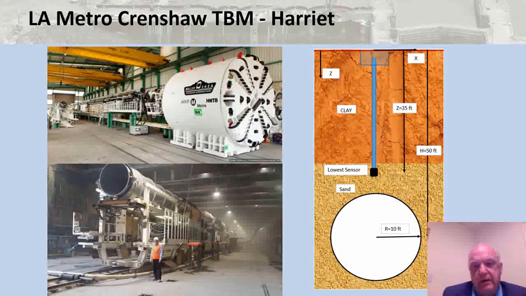So to help avoid that, we put in borehole extensometers, which have a sensor that goes down to within 5 feet of the top of the tunnel, and then it has a connection back up to the street so that we can measure relative movement of the sensor relative to the street. And then with a total station at street level, we can pick up what the settlement there is. So we know the absolute movement at that point as the TBM approaches that point and then moves on past it.